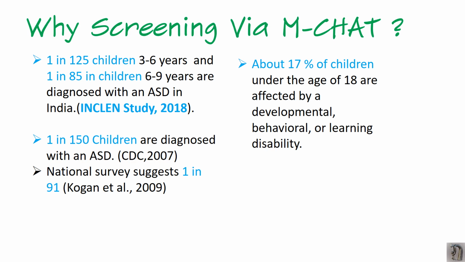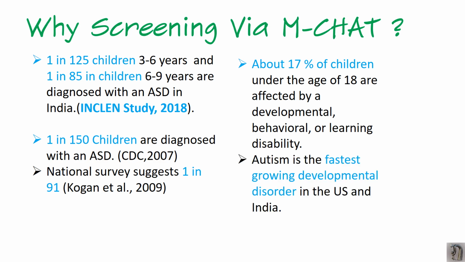That's why it is very important to screen and do the differential diagnosis and find out exactly what the problem of the child is. As I said, autism is the fastest growing developmental disorder in India as well as in the US. So we need to identify accurately and provide the intervention.